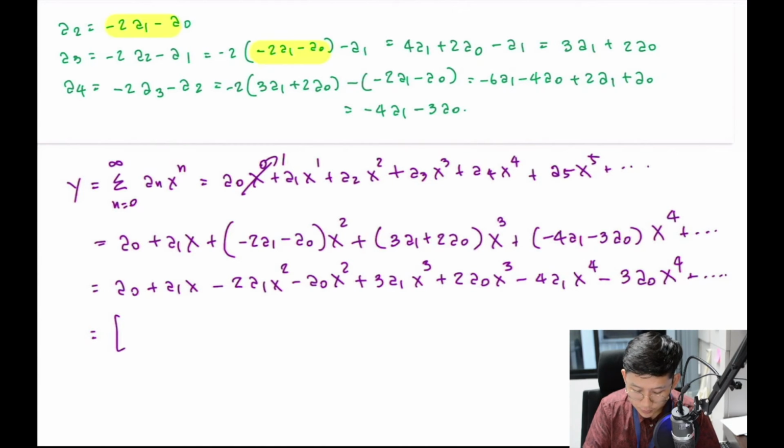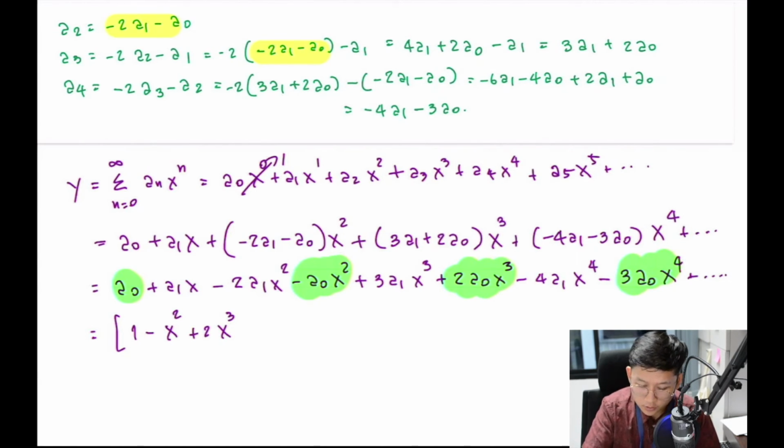And that is going to be 1 minus x squared. That is from here, the first one, the second one, minus x squared, and the next one would be here, plus 2x cubed, and the last one would be this guy, which is minus 3x to the fourth plus blah blah blah, a0.